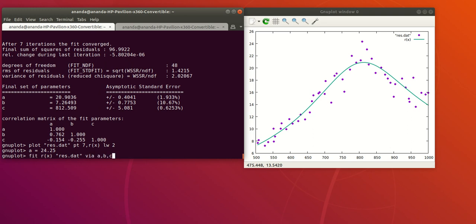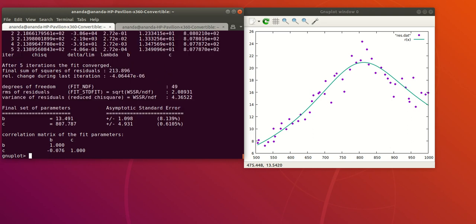And now I will fit the data again, but this time I will fit it via B and C. So what I am telling gnuplot is change B and C as much as you want, but do not touch the value of A, because that's not in the list of parameters via which you are doing the fitting.